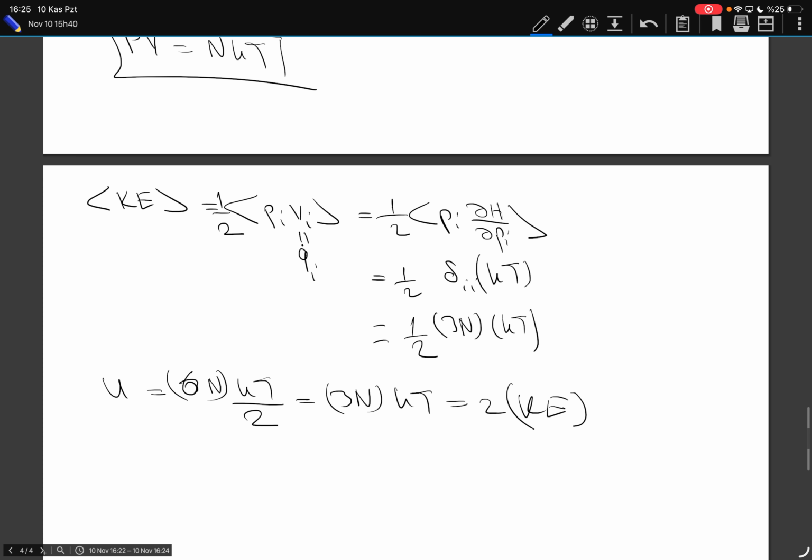Hamilton's equation was giving q_i dot. q_i dot is del H over del p_i, and p_i dot is minus del H over del q_i. Okay, I found that one slightly wrong.